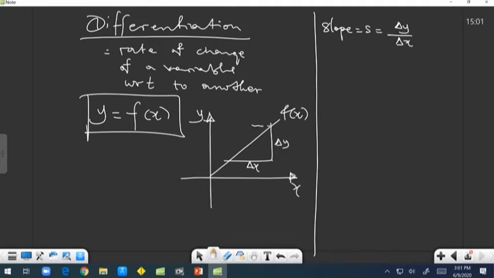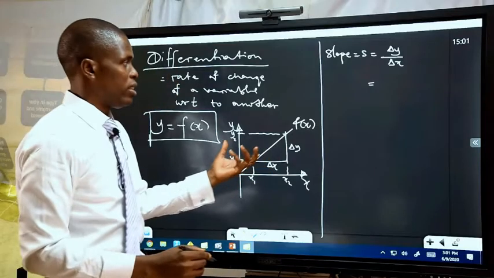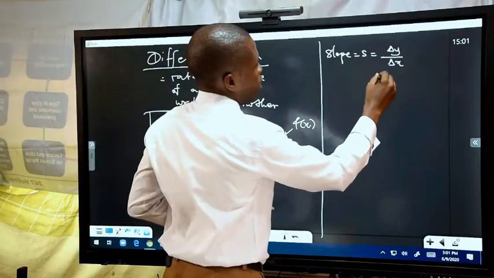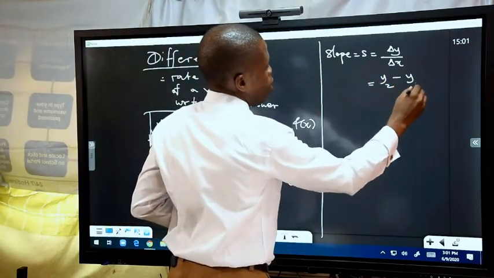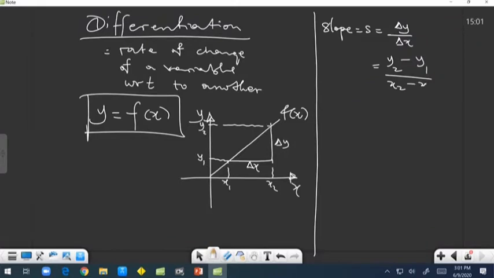Here we can take the value as y2 and here y1, and take the value here as x1 and here as x2. So when we find the slope or the gradient, we have y2 minus y1 over x2 minus x1.